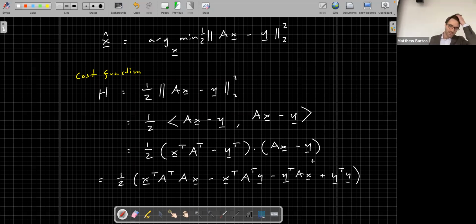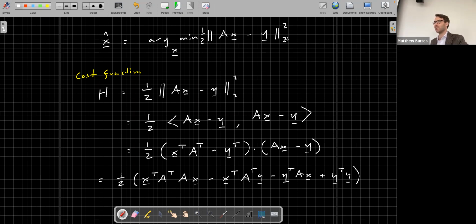Now, one thing to note, if you've taken Dr. Sella's class in optimization, what's one nice thing about this cost function that we've created? What's a nice property? Can anyone see it? Our cost function is a quadratic product. And quadratic functions are what?